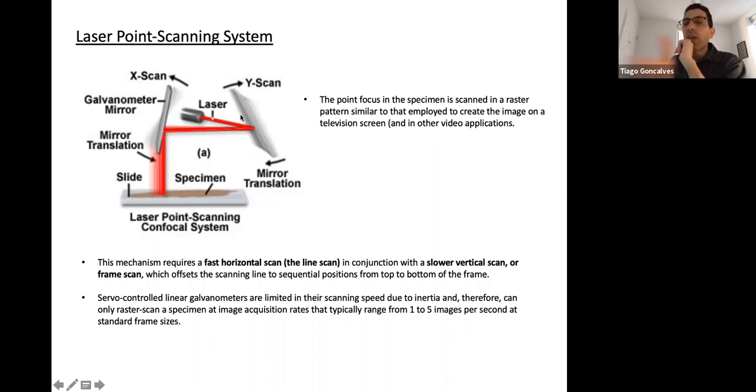These are good for sequential scanning. And they're basically a Y and an X scan. With this, you can compose a whole XY image. One of them is a fast horizontal scan, and then your lines are a little bit slower, and these respond to a control signal that produces a certain amount of current.